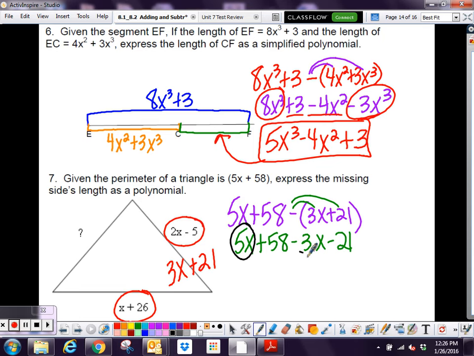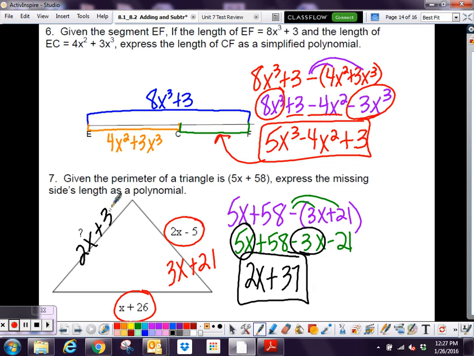So I have a 5x and a minus 3x, which is 2x, and a 58 minus 21, which gets me 37. So again, here, I could write this side in if I wanted to, and add up all those three sides, and they need to be 5x plus 58, just to check.